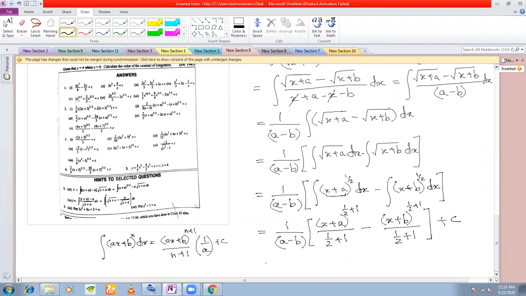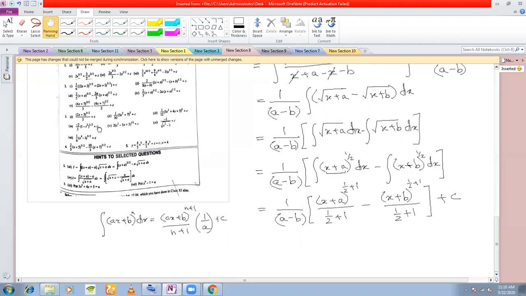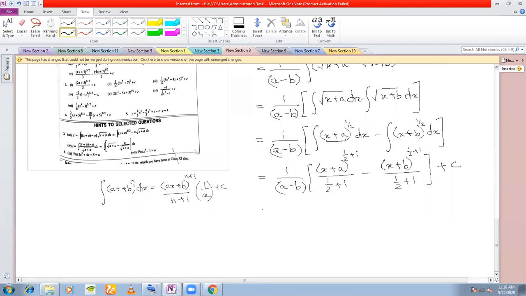So that is what I have done. So here you get 1 by a minus b into half plus 1. This is in the denominator you have 3 by 2. So this will become 2/3 x plus a to the power of 3 by 2 minus, again this is 2 by 3 x plus b to the power of 3 by 2 plus c.